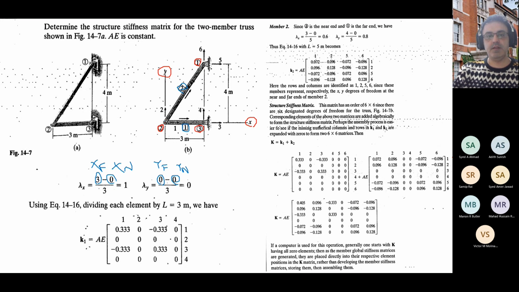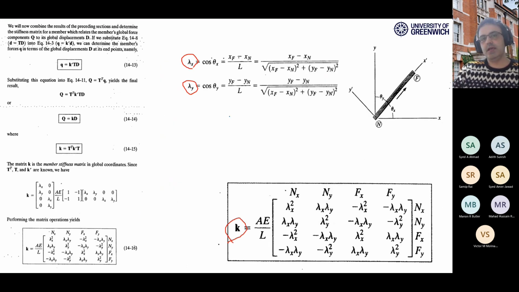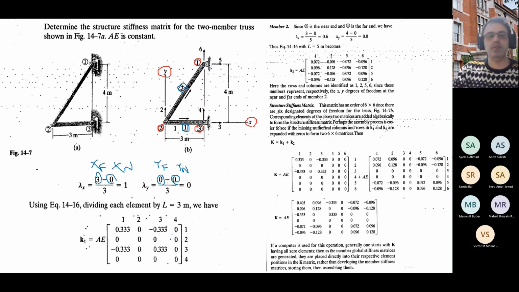Every horizontal line here has all the points with y coordination equal to 0. So if we have lambda x and lambda y, we just put, again, in the previous slide, the lambda x, lambda y for each element into this matrix. So for element number 1, I have the K1 matrix, which is 4 by 4.